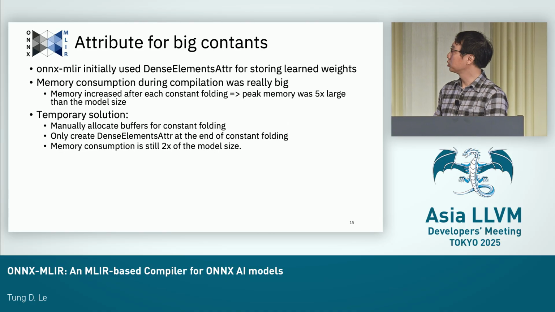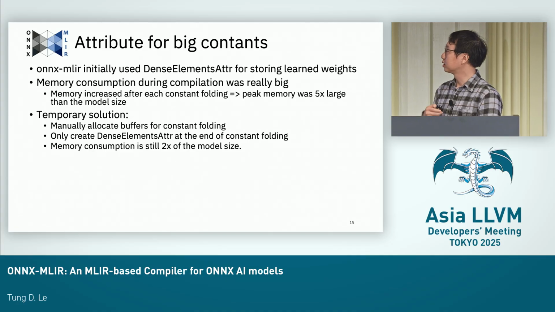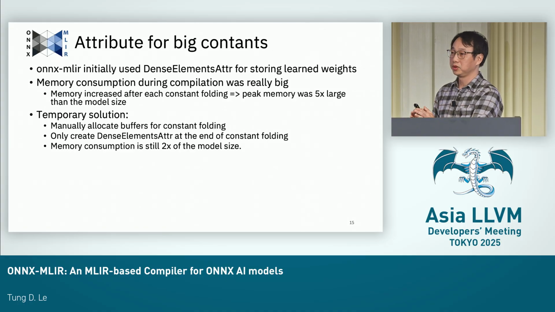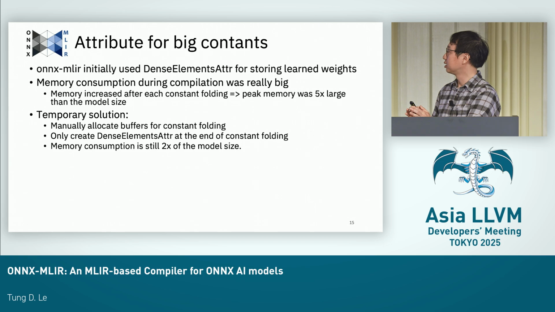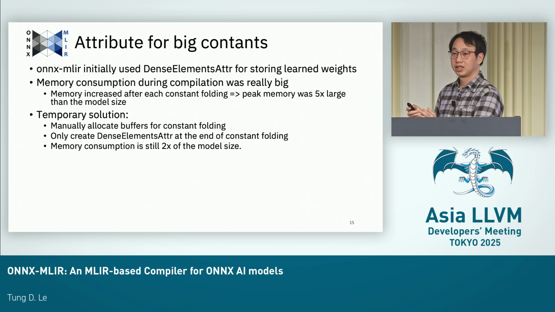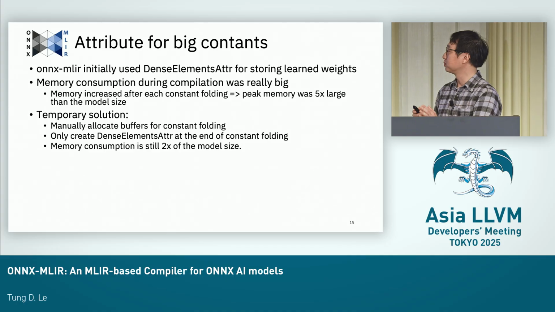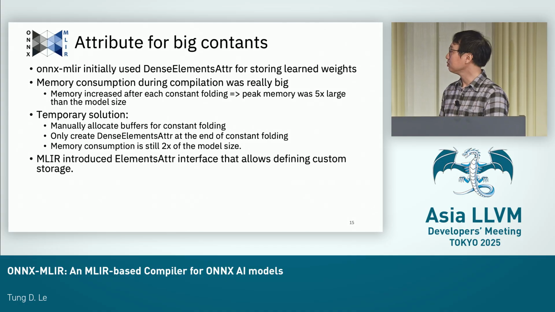So our temporary solution was to allocate the buffer manually for constant folding, and only create the dense element attribute after we finished constant folding. We could reduce memory consumption a lot, but it was still 2 times the model size.